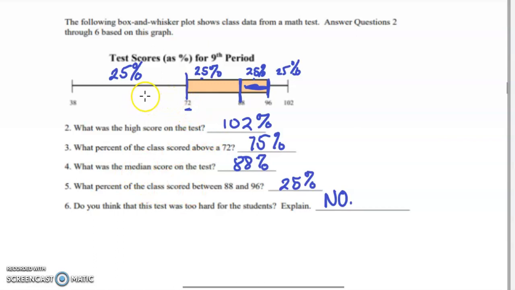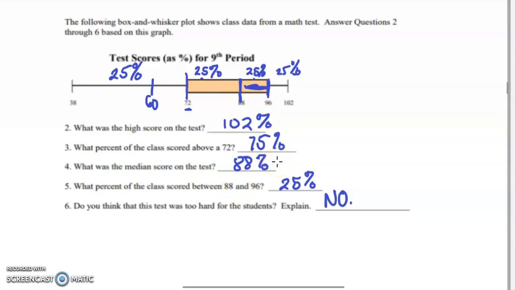Now, we don't know how many people were down here around the 60% passing mark, but some number of them must have been. So I would say a high percentage of the class passed the test, certainly with a C or better. 3/4 of them did. Half of them passed with what's just below an A. So nearly half of the class got A's on the test. So I would say, no, this test was not too hard.